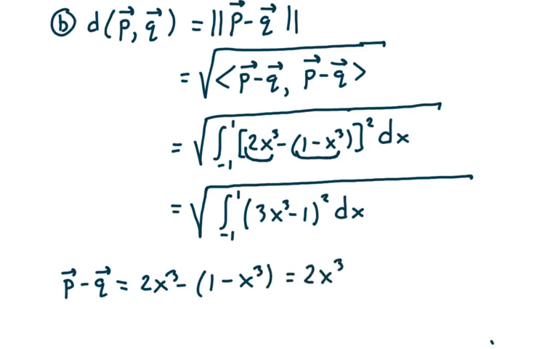But that's 2x cubed minus 1 plus x cubed, right? And that's 3x cubed minus 1.